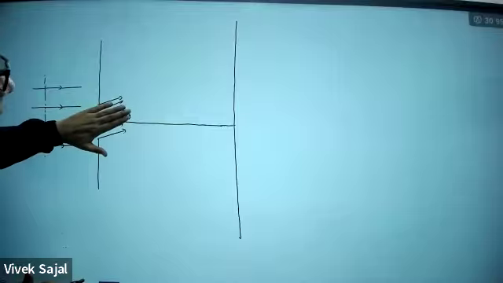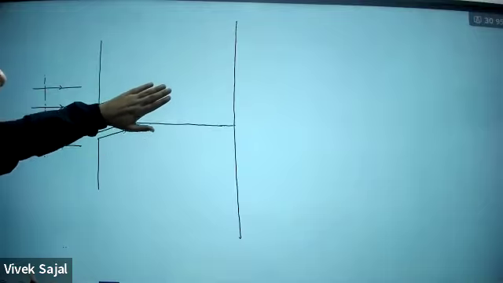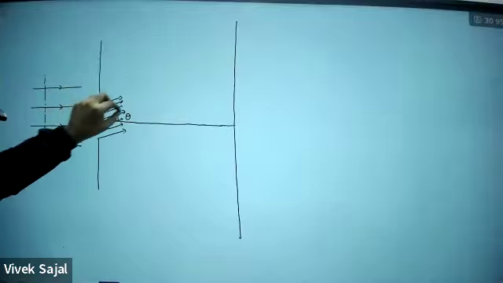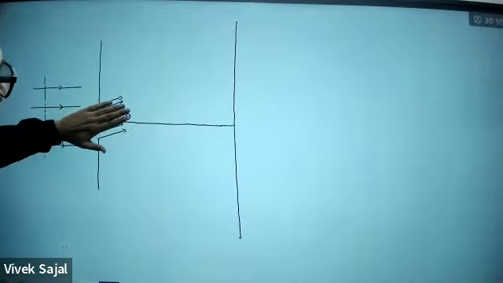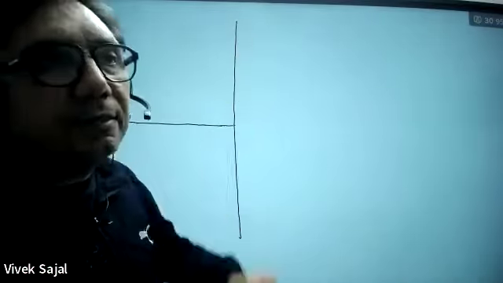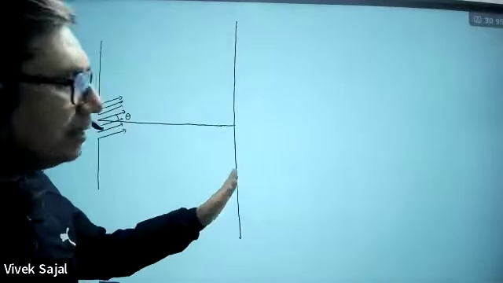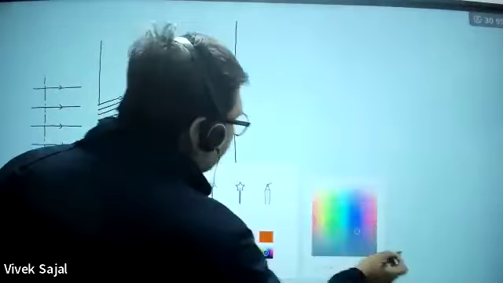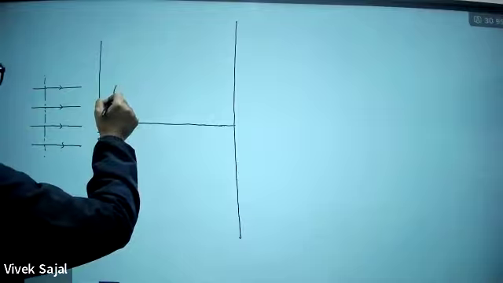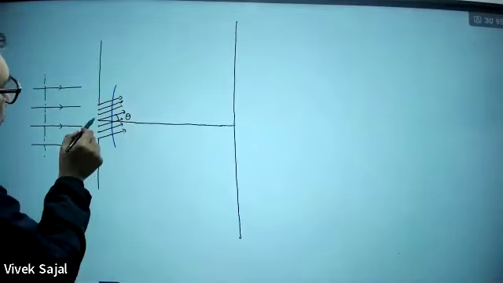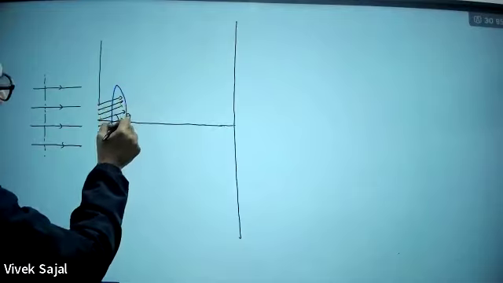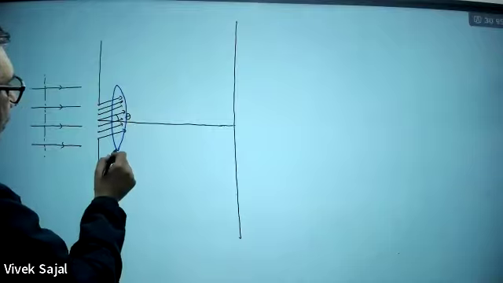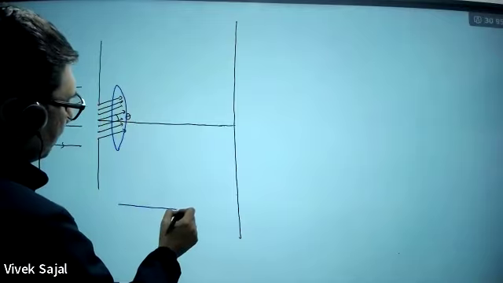So where are they going to overlap with each other? You can consider at infinity. If you consider only this part, they are moving parallel, so these parts of the wavefront are going to overlap at infinity. But I want to have the pattern on this screen. So what you do is place a convex lens very close to this slit, and you place the screen at the focal length of this convex lens.